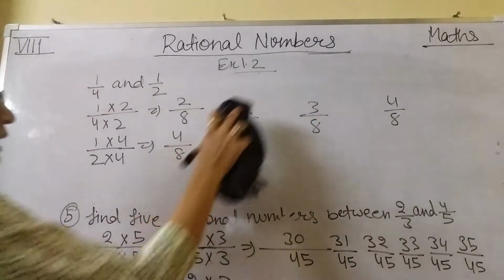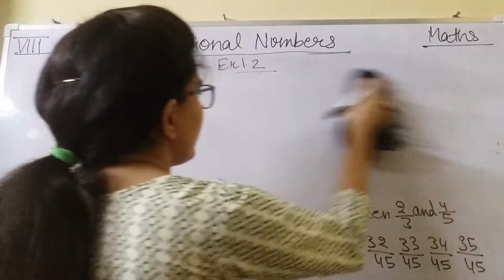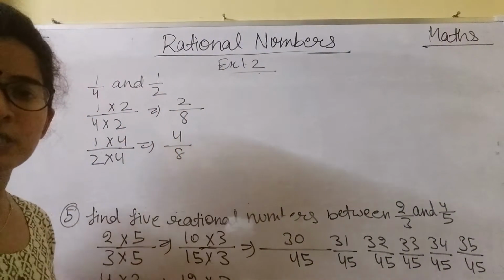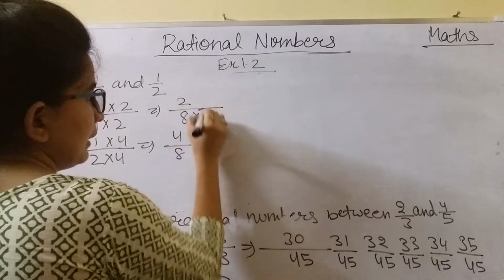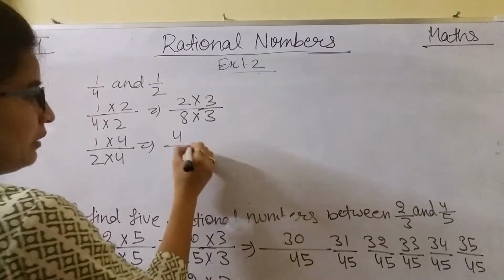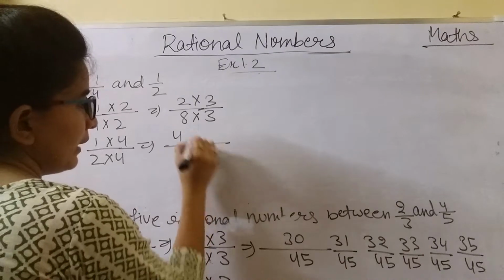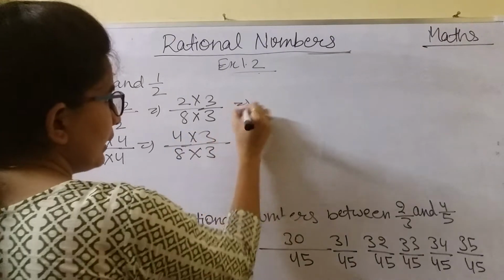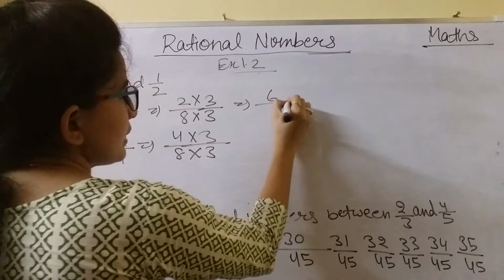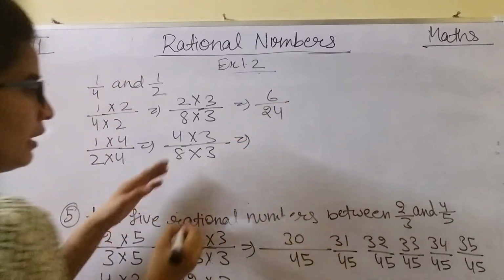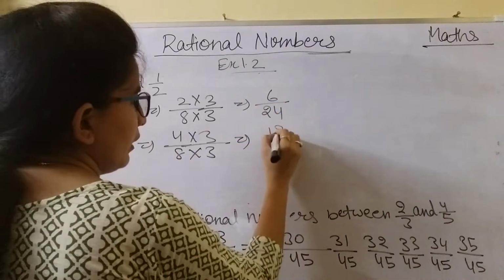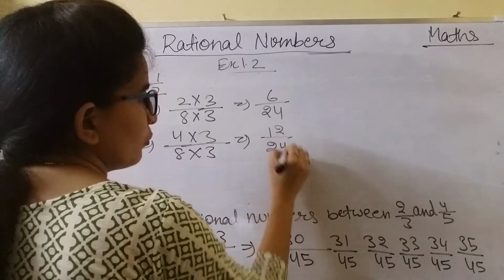So we will increase the denominator so that we can get more rational numbers between these two numbers. Like if I multiply 2 by 8 with 3 and 4 by 8 with 3, I get 6 upon 24, and here I get 12 upon 24.